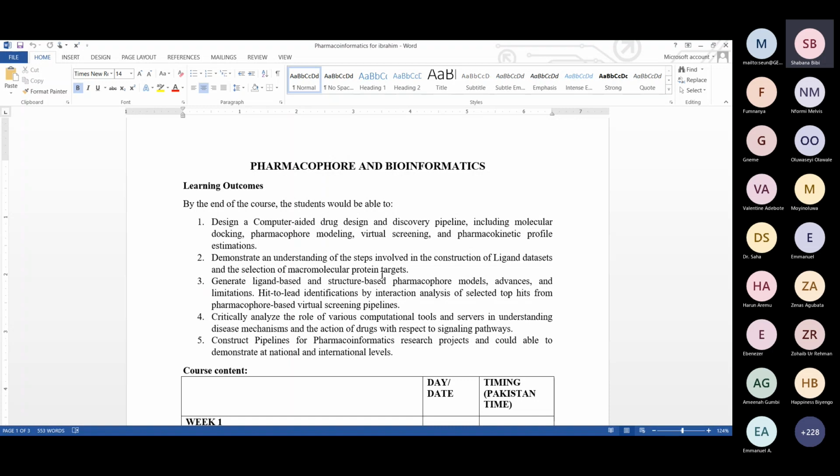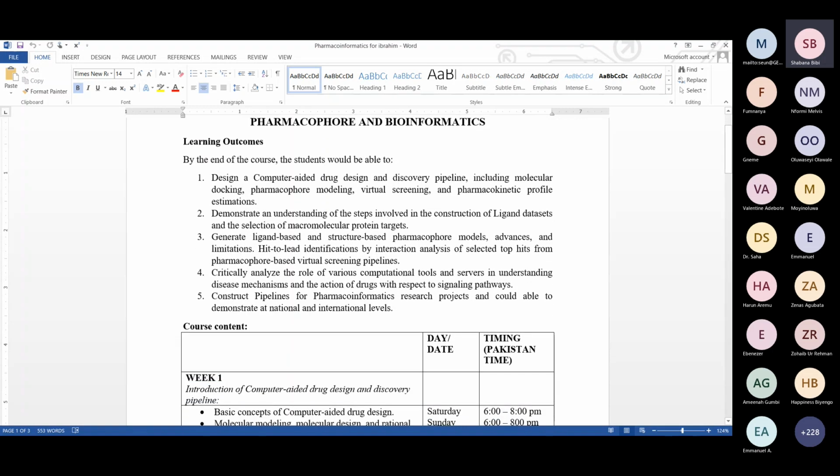We will design a computer-aided drug design and discovery pipeline. I will show you some of my published papers to help you understand what a computer-aided drug design and discovery pipeline related to pharmacophore and bioinformatics is. That includes techniques such as molecular docking, pharmacophore modeling, virtual screening, and ADMET or pharmacokinetic profile estimations.